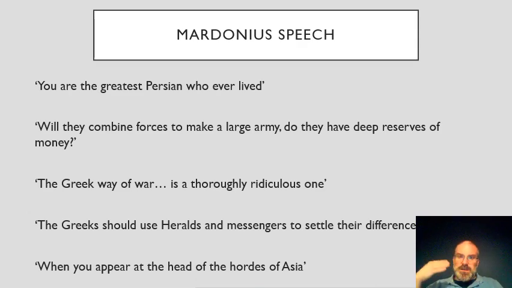So this speech of Mardonius is very important in terms of characterizing barbarians, because it shows Mardonius especially doesn't understand the way Greeks fight and why Greeks fight, and the way they fight and why they fight arguably leads to their victory later on in the war. So it's interesting that Mardonius doesn't understand this.